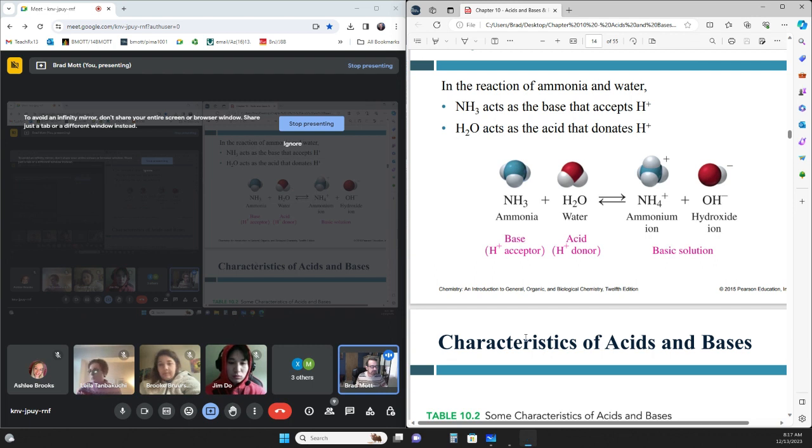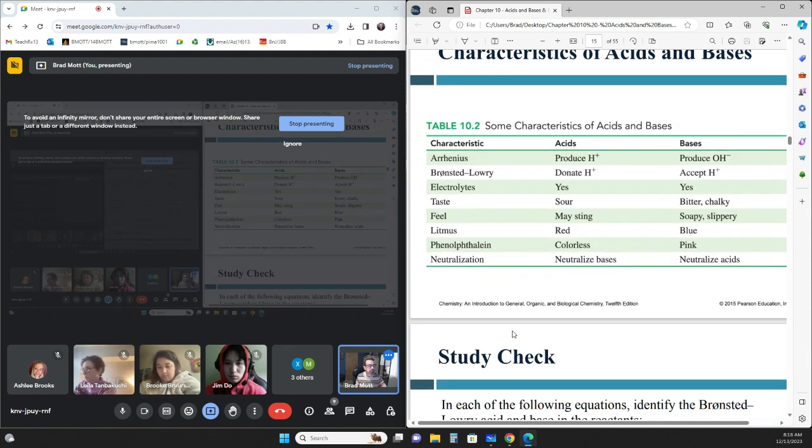It's sort of a simple concept, but people can get confused, and you probably will get questions. In fact, I know you will get questions about being able to pick out the Bronsted-Lowry acid and base on both sides of the equation. Okay.